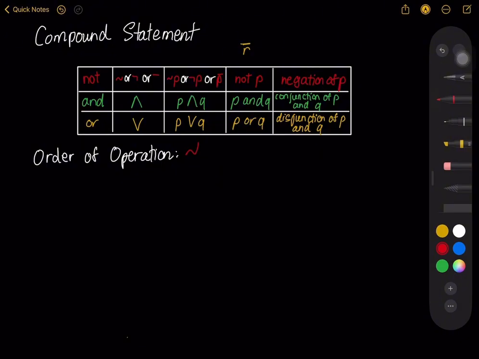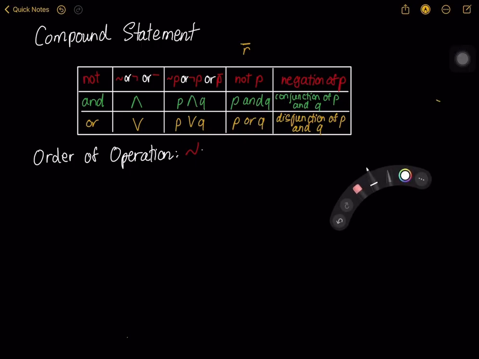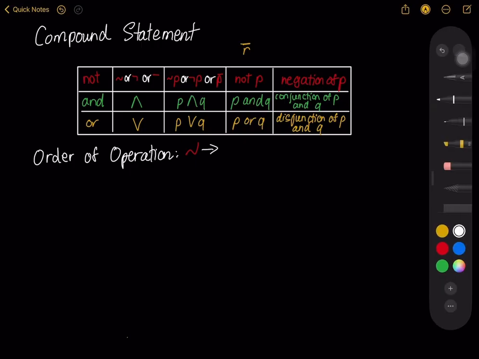Followed by the and, which is the conjunction, so the upside down V. And then the last one is the or, which is the V.